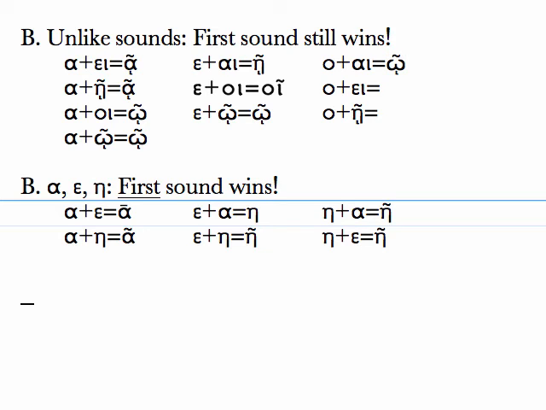So we get O. Now here again we have an O sound plus an epsilon, which should give us oo, and we have that iota. So we get this deal again. Get rid of that, lengthen this, oi.